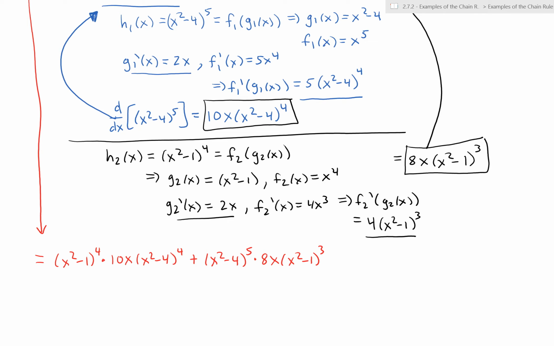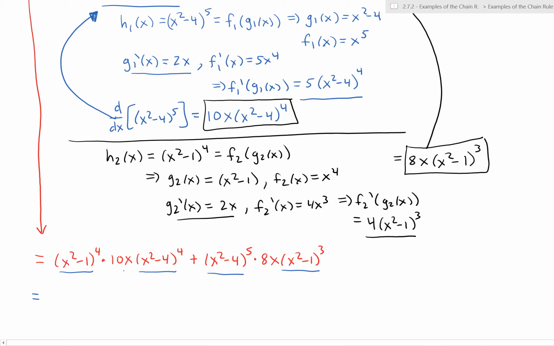Now, at this point, we've done the differentiation, and the only suggestion that I would say here is, well, let's clean this up a bit. All right? Notice that there are common factors all over the place. We have a common factor of x squared minus 1 cubed. We have a common factor of x squared minus 1 to the 4th power.